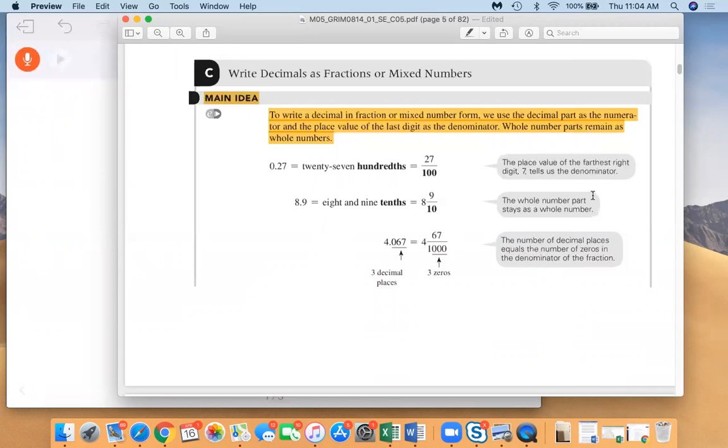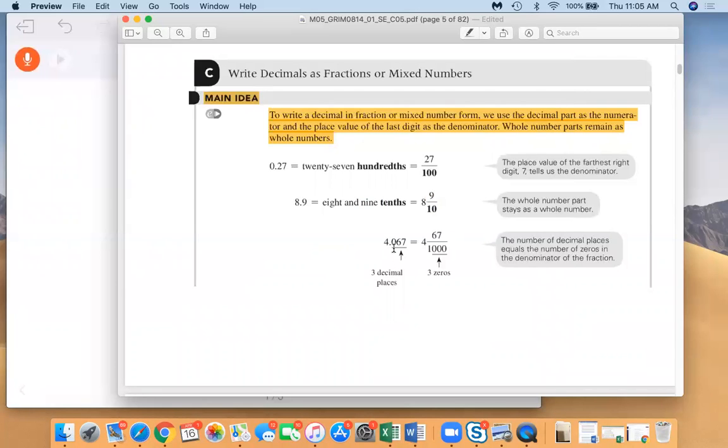Whole number parts remain as whole numbers. So look at this example. We have 0.27 equals 27 hundredths, and like we talked about earlier, that corresponds to 27 over 100. Here we have 8 and 9 tenths. The whole number part stays as your whole number part, and then you just worry about the fraction part, which is 9 tenths. So we have 8 and 9 tenths.